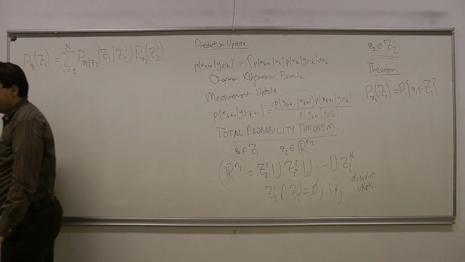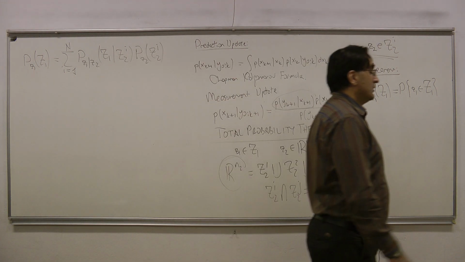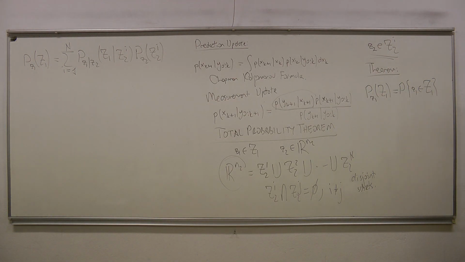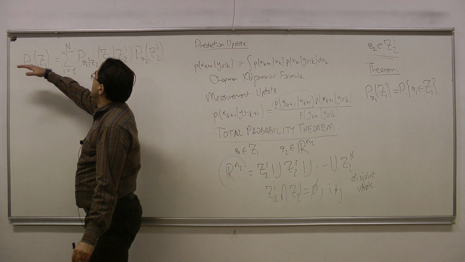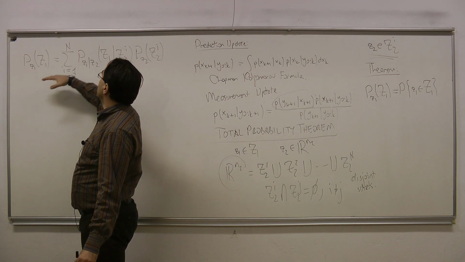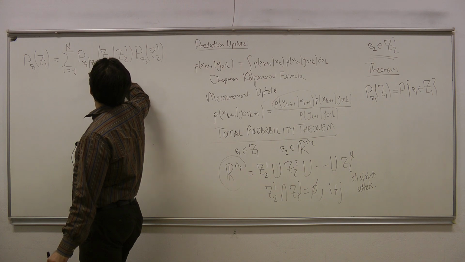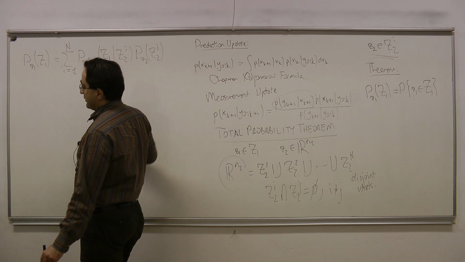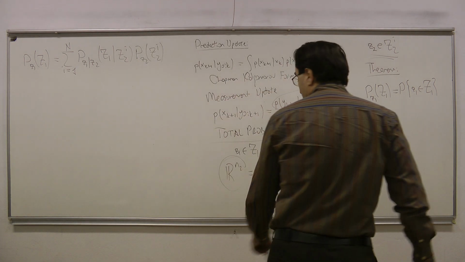Okay? So that is the version of the total probability theorem for two random vectors. I express the probability distribution of one random variable in terms of the conditional distribution of the same random variable and the marginal distribution of the second random variable. Okay?